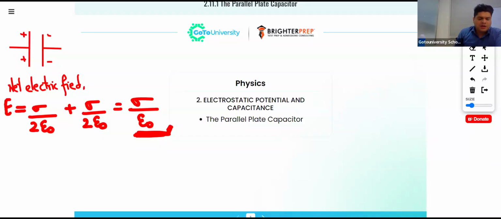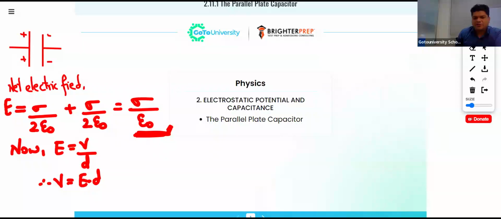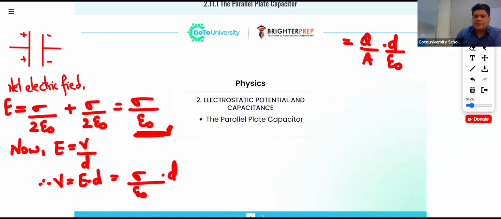Now we have the formula for E. The other formula is V over distance. That means V can be written as E into D, and what is E? E is sigma over epsilon naught, into D. In place of sigma, you can write charge over area into D over epsilon naught.